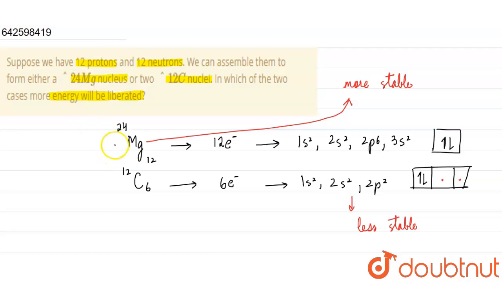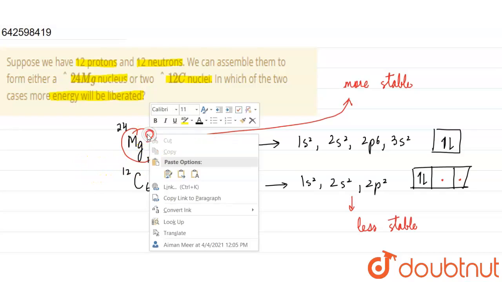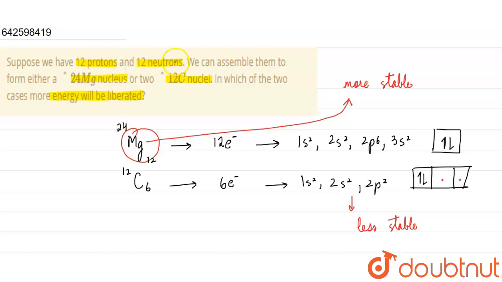More energy will be liberated means the thing that is forming will have less energy as compared to what the initial things had that combined to form it. Initially we had 12 protons and 12 neutrons having more energy, and then they combined to form magnesium, which is more stable, so more energy will be liberated. So this would have less energy, but more energy will be released.